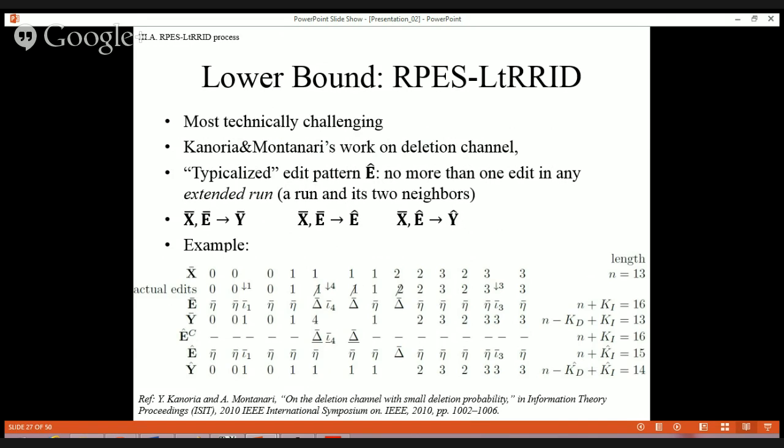To be more explicit, we look at the extended run of every run, where the extended run is a run together with its two neighbors. And we say the typicalized edit pattern has no more than one edit in the extended run.